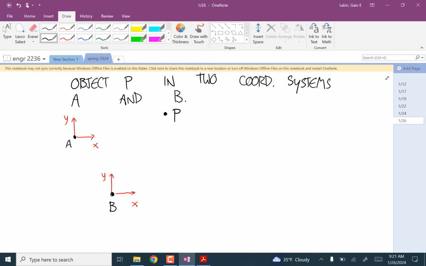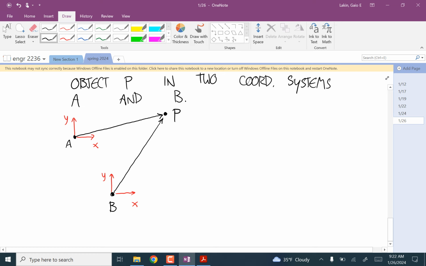And maybe the most confusing thing about this, honestly, is the notation. So what do the position vectors look like in these coordinate systems? From the video camera at A, coordinate system A, that's the position vector. From coordinate system B, that's the position vector.